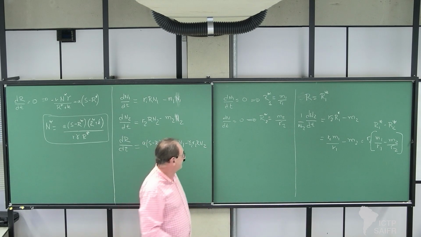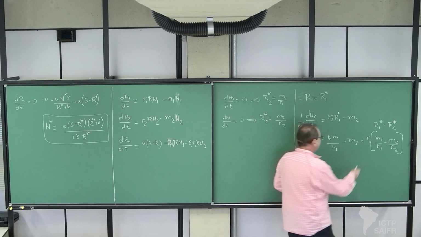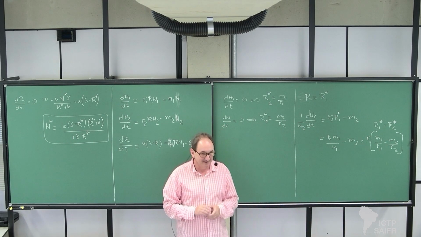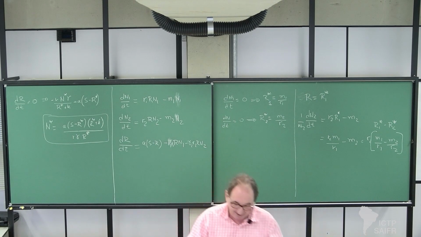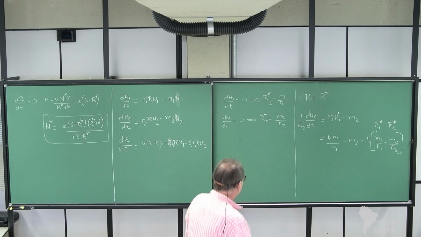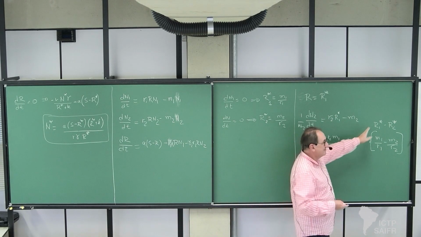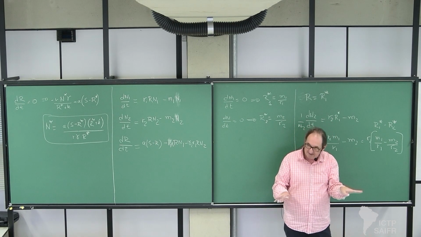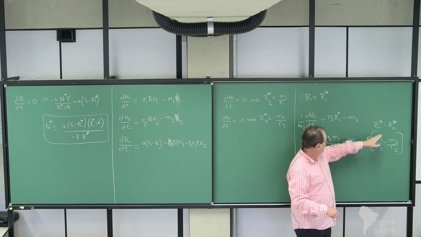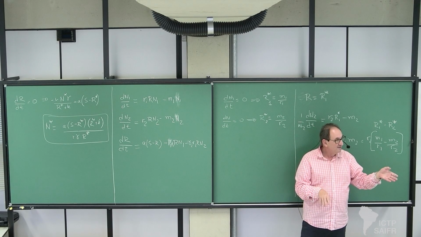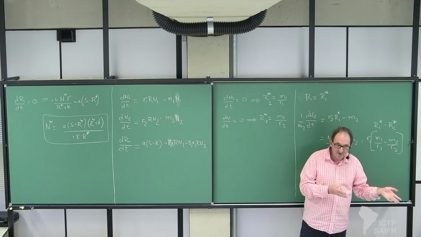So it will depend on the difference between these equilibrium resources. R1 star is the resource that is in equilibrium with N1 when N2 is not present, and R2 star is the equilibrium resource when N1 is not present and only N2.